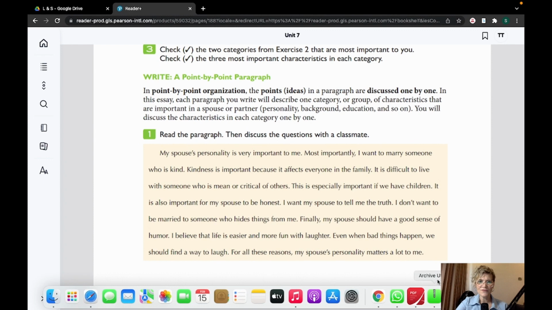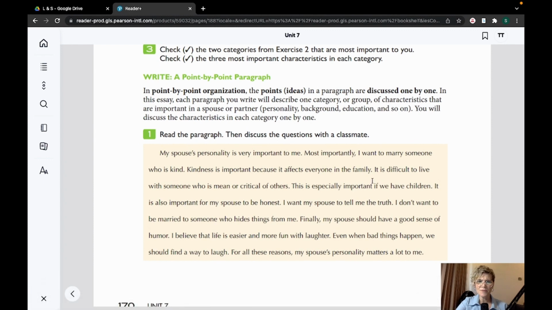This is an example of a point-by-point paragraph. In a point-by-point paragraph, the points or the ideas that you place in your writing are discussed one by one, and mostly a point-by-point follows the purpose.